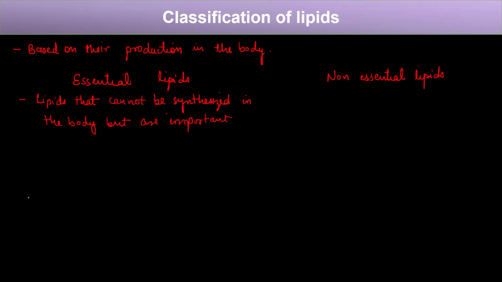What are the examples of essential lipids? These are unsaturated lipids, like oleic acid, linoleic acid, and arachidonic acid. These unsaturated lipids are important for our body but cannot be synthesized in the body, and hence it is required to have them in the diet.